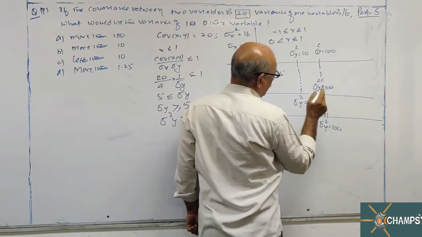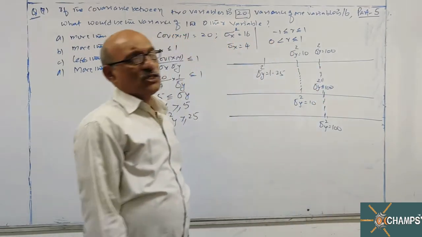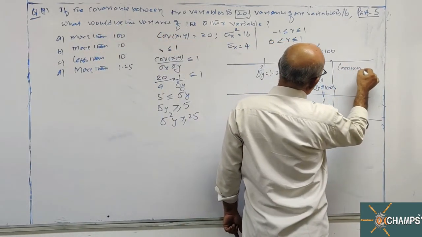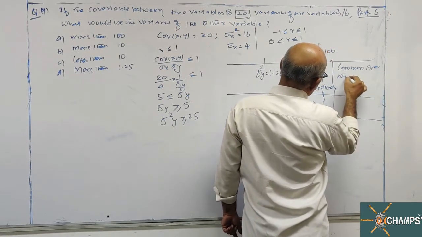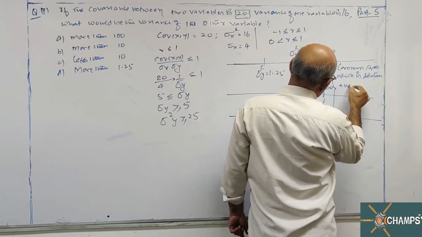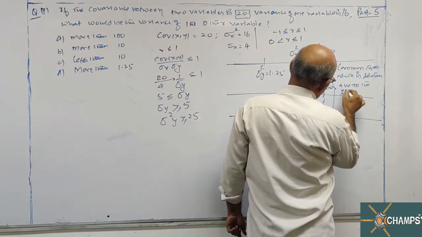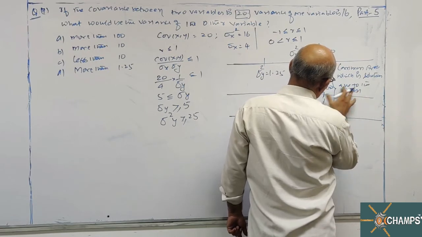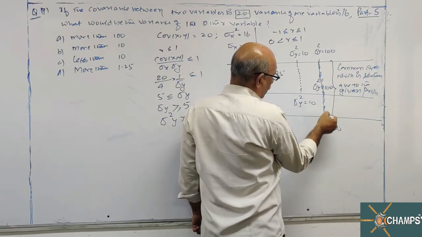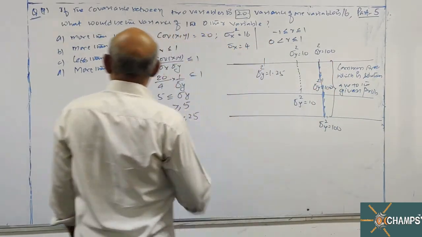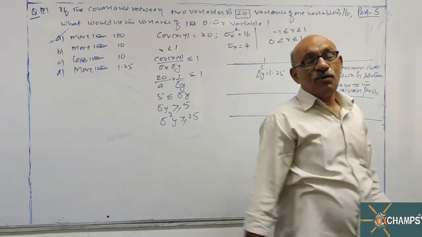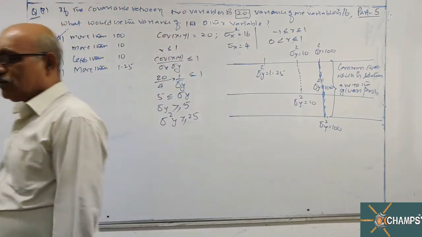Common area starts from this, which is the solution area to the given problem. So common area starts from variance is 100. So option A, more than 100, is the answer to the given question.